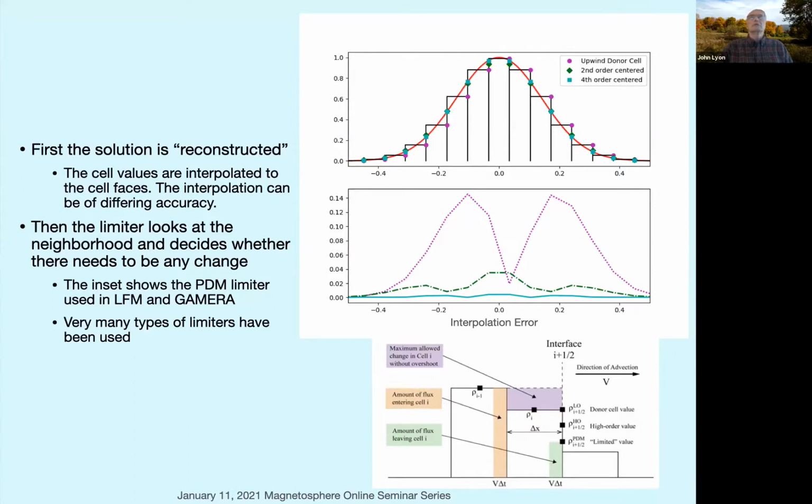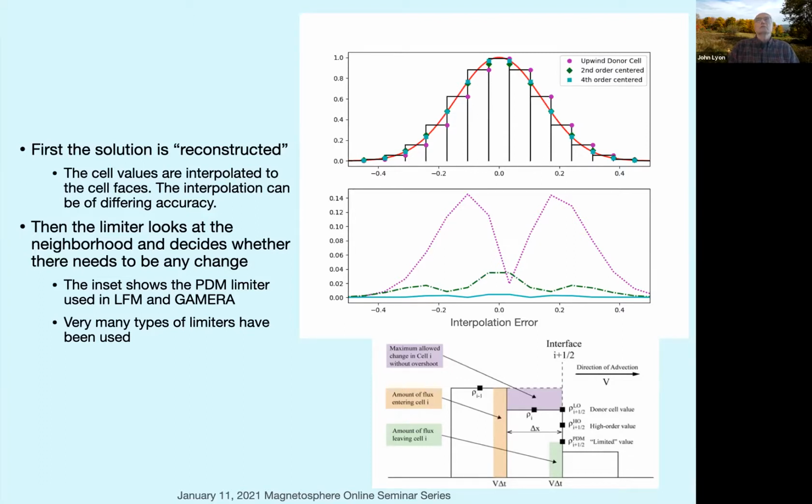And off to the right there, I have a fairly narrow Gaussian with the computational cell structure indicated. And it also shows how you might reconstruct the solution, that is, try to determine what the actual solution is at various points on the grid. So the magenta points are what you would get if you used an upwind donor cell, which basically means you look to the cell to your left, since in this particular case things are moving to the right, to get the upwind value.